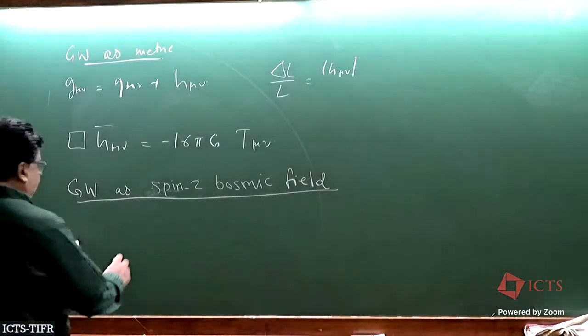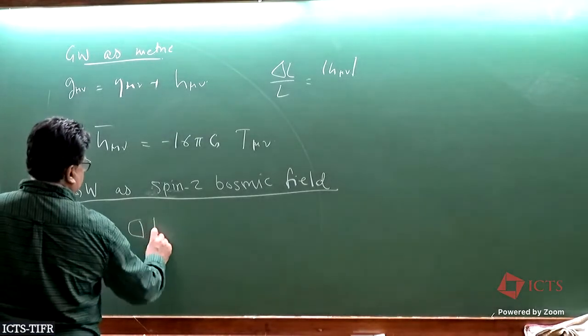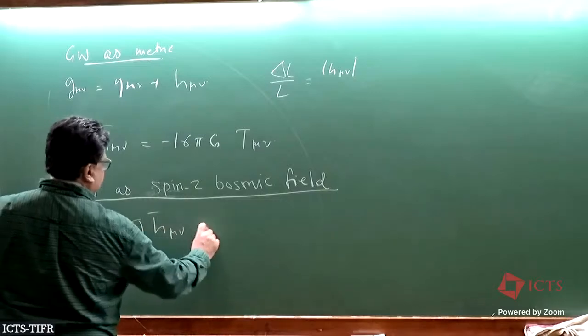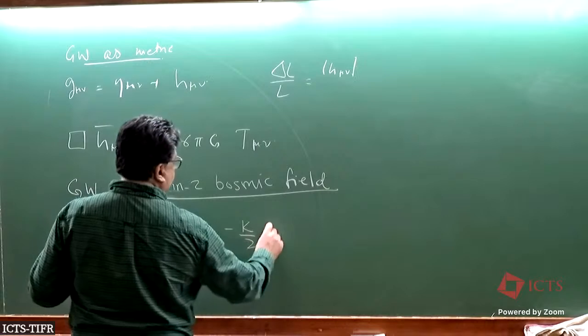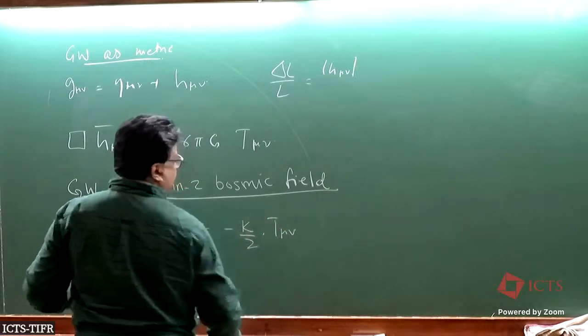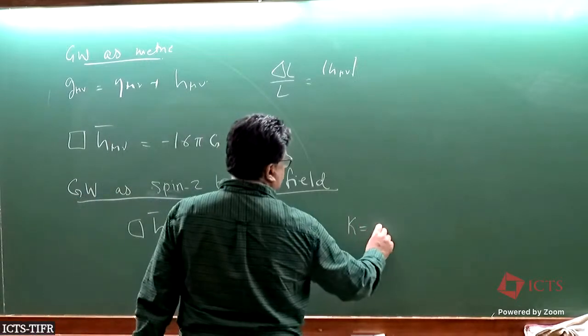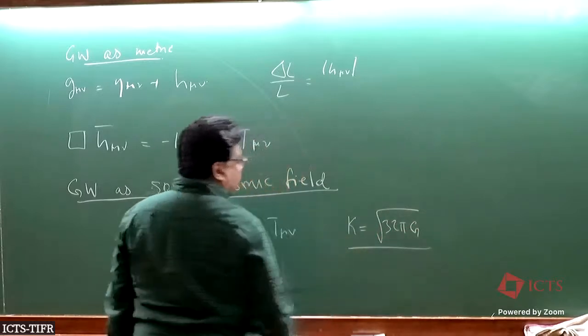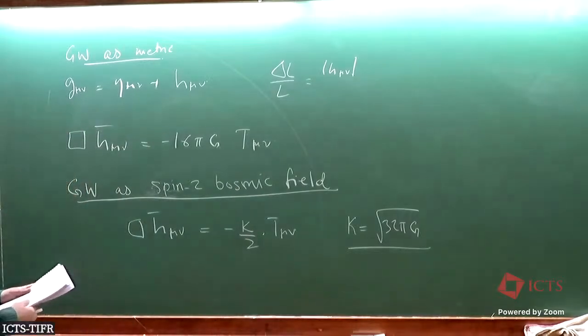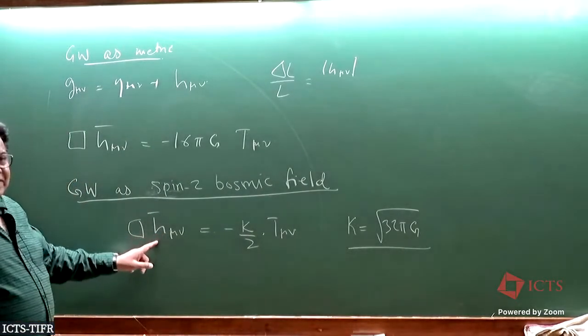So here the equation is box h mu nu bar again is minus kappa by 2 T mu nu, where this kappa is square root of 32 pi G.